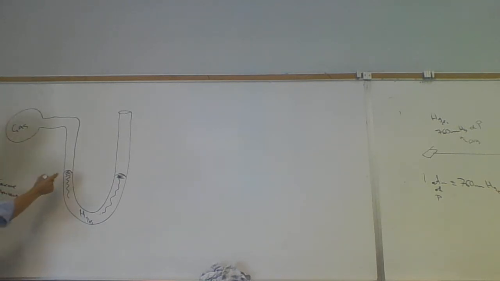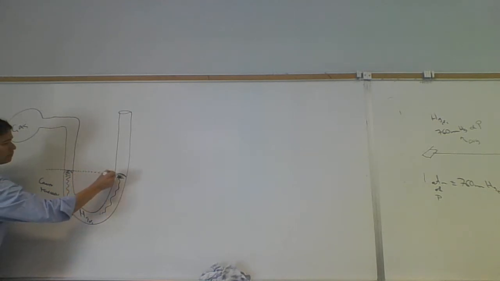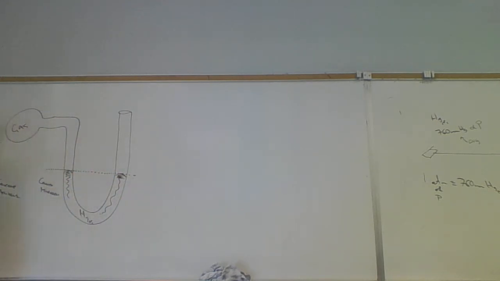However, mercury forms a convex meniscus, which we read from the top. So it's just read a little bit differently. We get something like this.